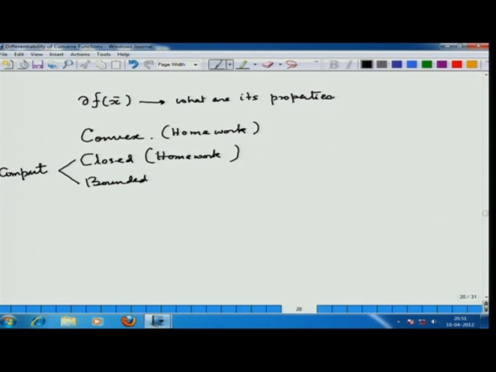What we first should know is that if f is convex, then f is locally Lipschitz. What do I mean by this statement?